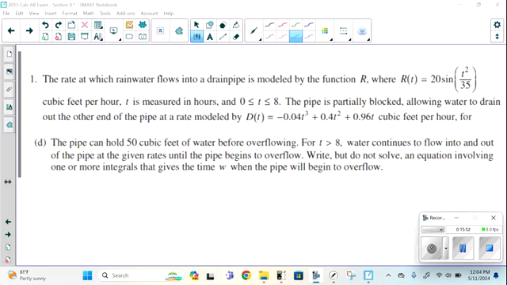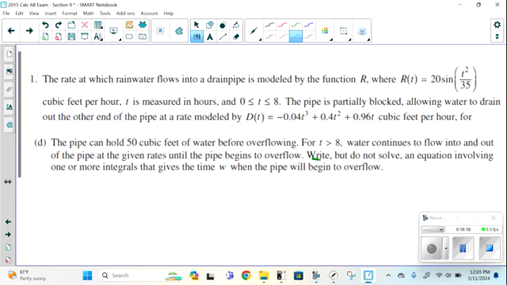All right, here we go. The pipe can hold 50 cubic feet of water before overflowing. So for time greater than 8, water continues to flow into and out of the pipe at the given rates until the pipe begins to overflow. Oh man, stop.